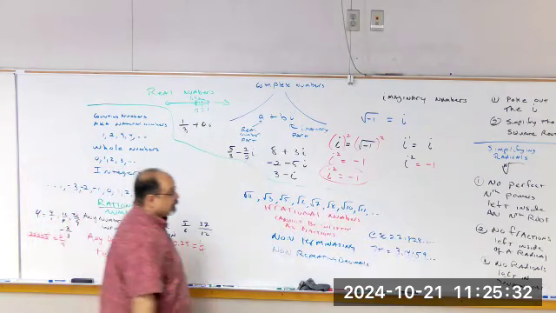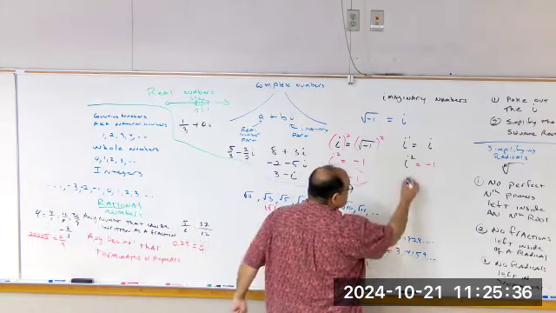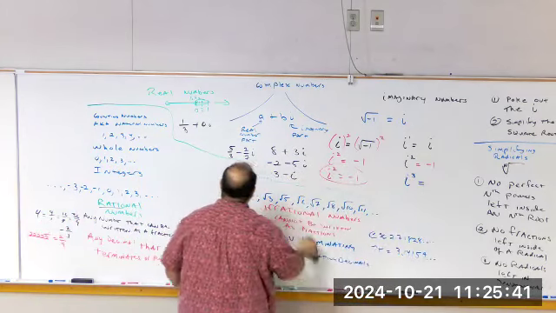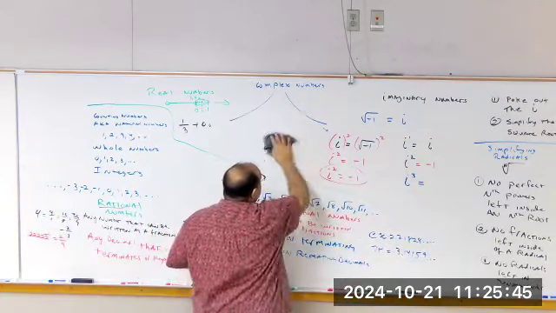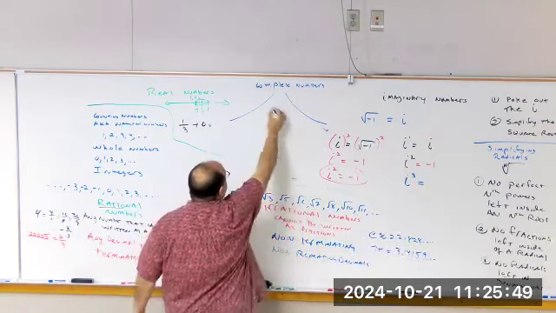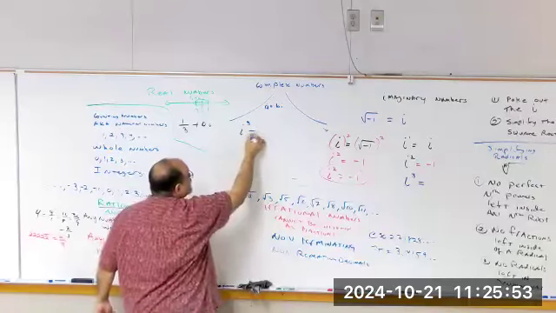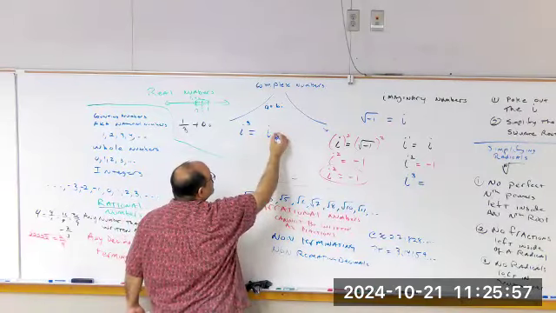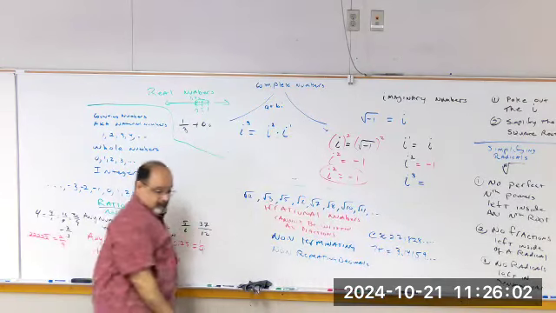So here's where it takes on. i to the third. So watch how we get the rest. i to the third is exactly the same as i squared times i to the first.